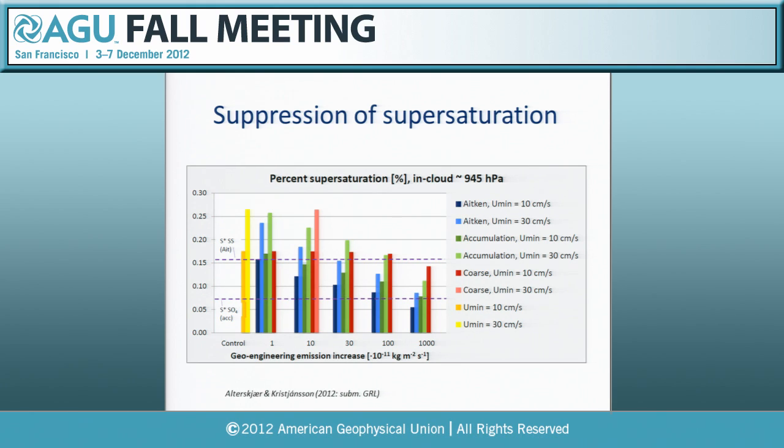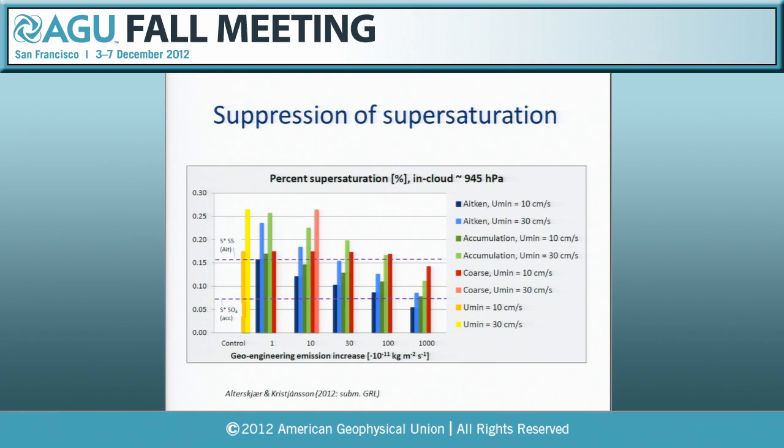Well, what happens is that we get a very large increase in surface area, so we get a large increase in the competition for the available vapor. As you see here, the horizontal dashed line indicates the supersaturation required for Aitken mode sea salt.